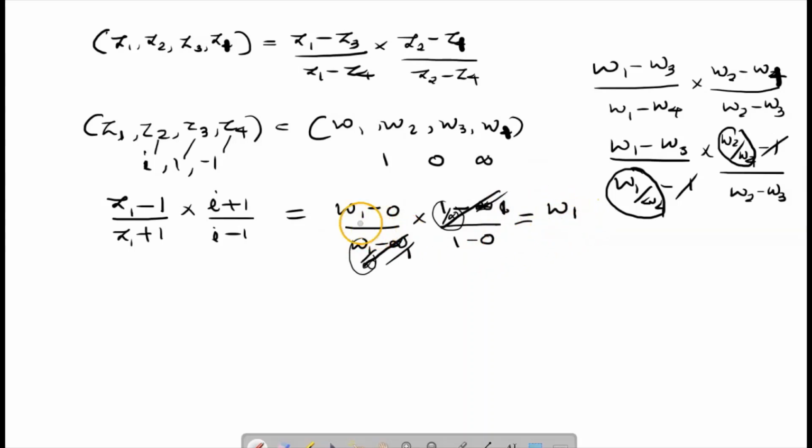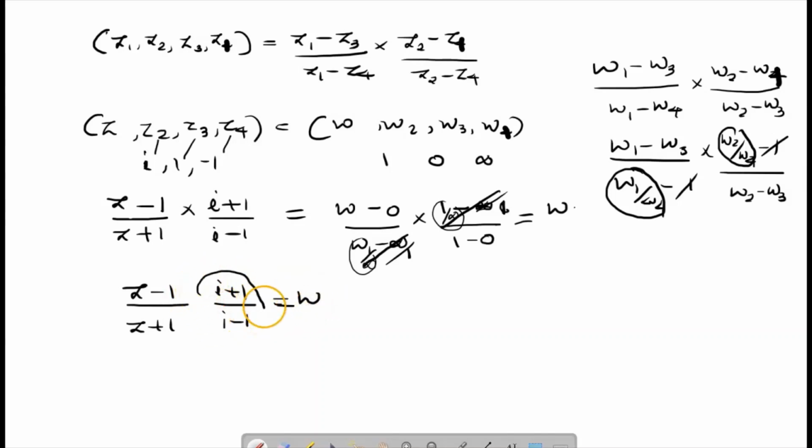We can just use W here, and Z instead of Z1. So this is (Z minus 1) divided by (Z plus 1), times (i plus 1) by (i minus 1), which is equal to W. This is the required transformation W.